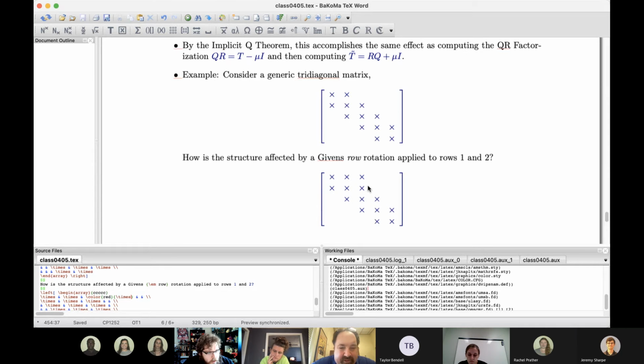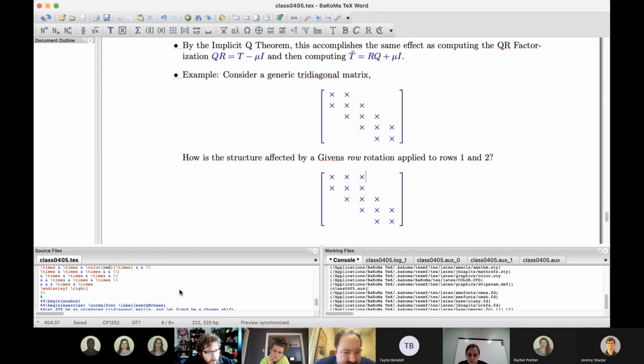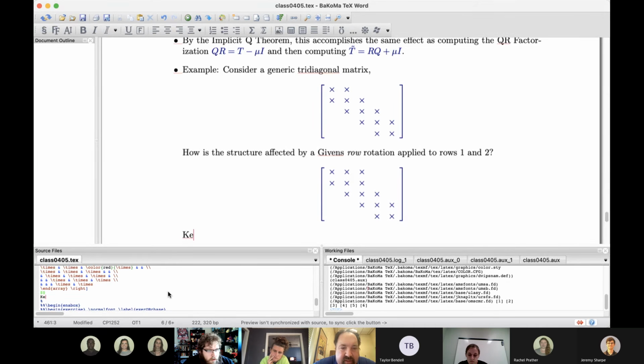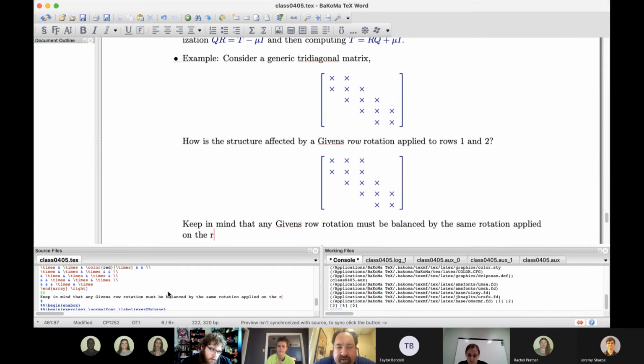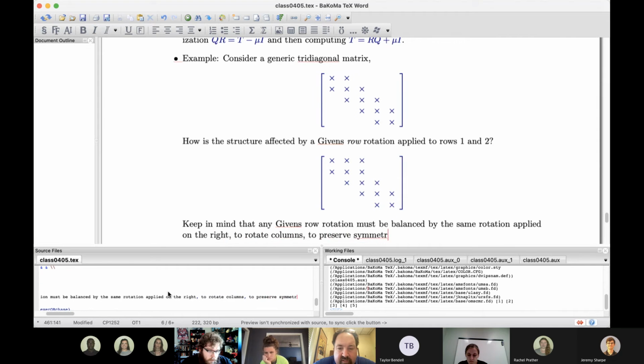But the thing to keep in mind is that any Givens row rotation must be balanced by a rotation applied on the right to rotate those same columns. And that will have the effect of preserving symmetry.